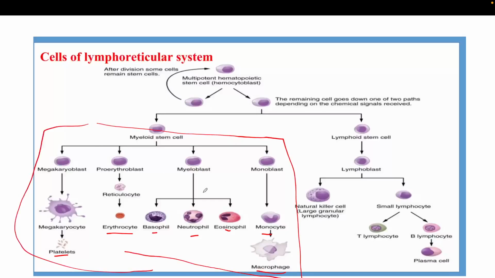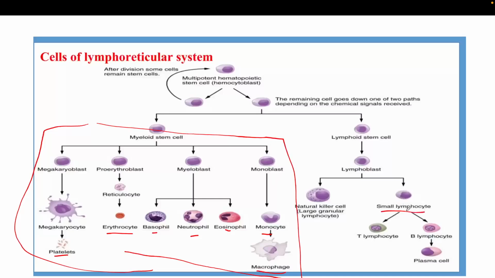Whereas the lymphoid stem cell will give the lymphoblast as the progenitor cell, which is then further divided into the natural killer cell, which could be part of the innate immune system as well as the adaptive immune system, and the small lymphocyte.